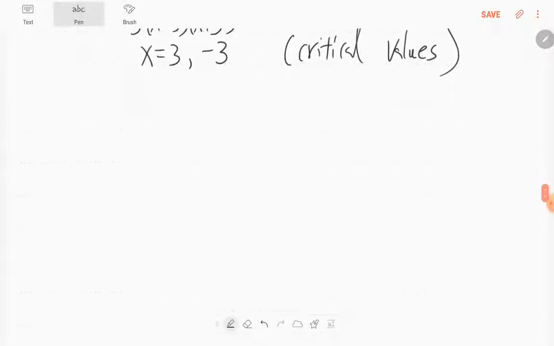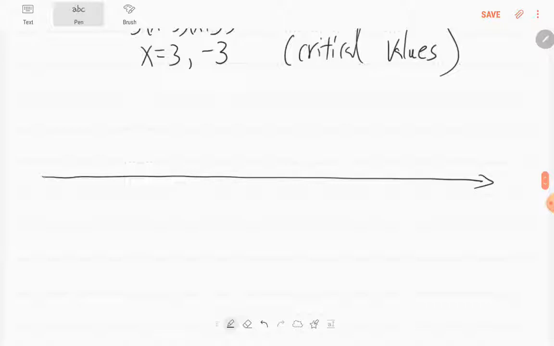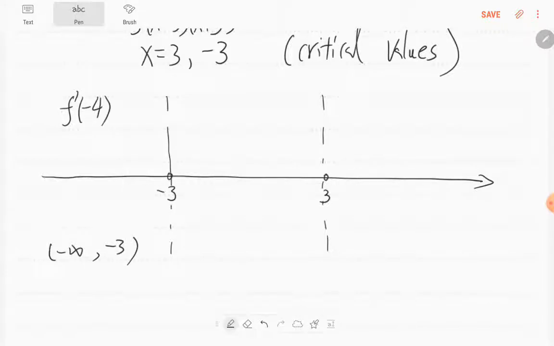Then we still need to determine the increasing or decreasing. So this is our number line. We locate the critical values on the number line. This is divided into 3 parts, right? So the same thing, we need to plug in a number on the interval from negative infinity to negative 3, which is negative 4. You can plug in negative 5, negative 6 as you want.